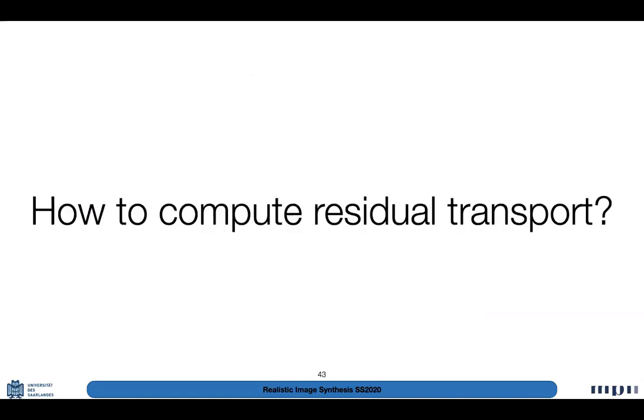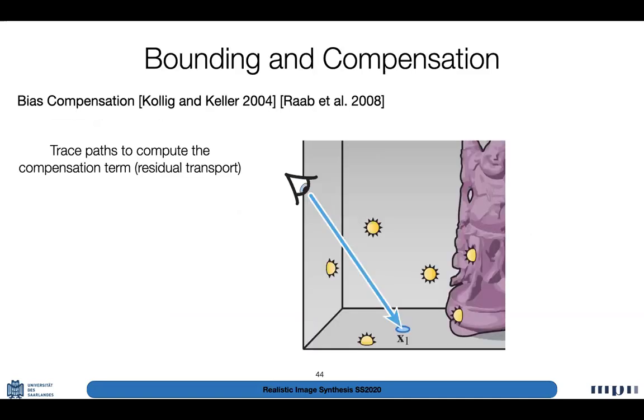So the question is, how do we compute this residual transport? There was this nice algorithm proposed by Kollig and Keller, which was later extended also to participating media by Novak et al. Let's imagine that you perform your VPL generation, and now you want to compute the lighting at a point x1 here.